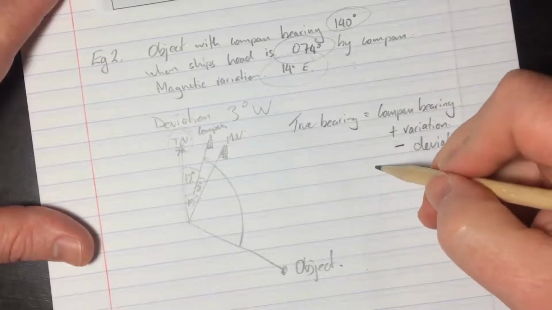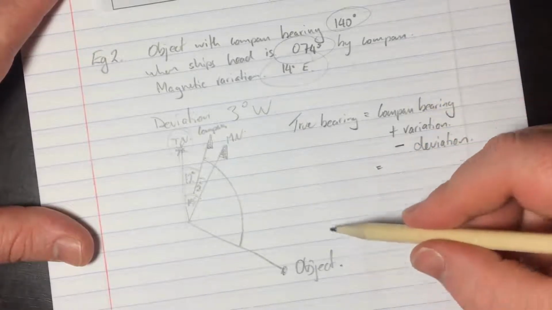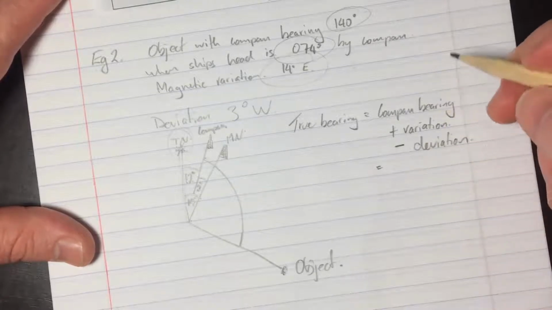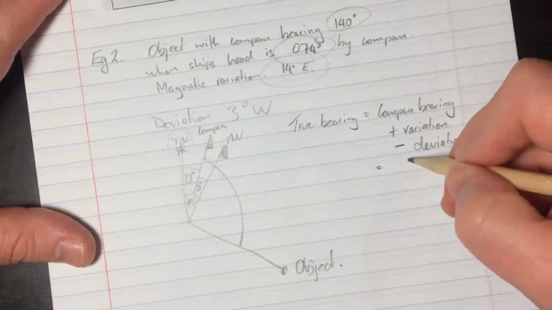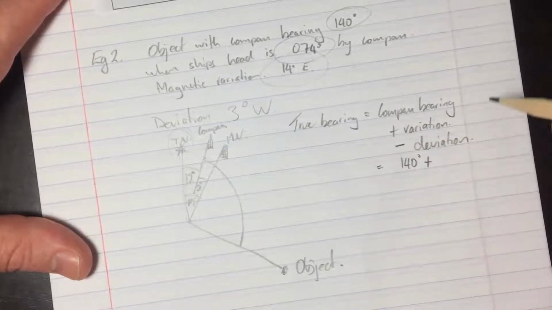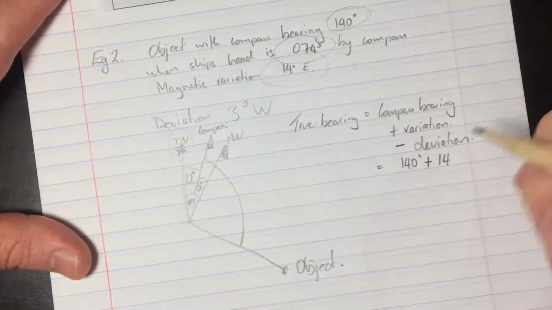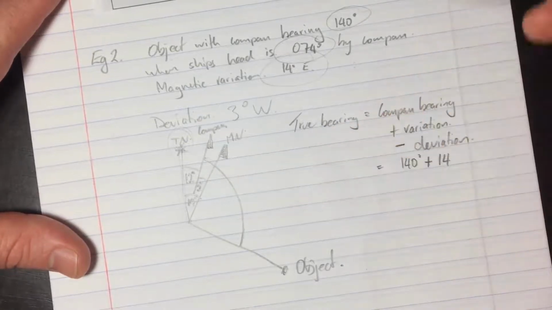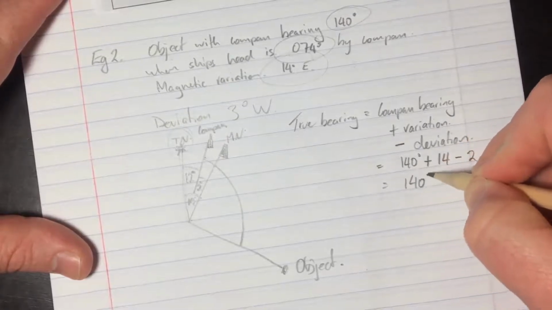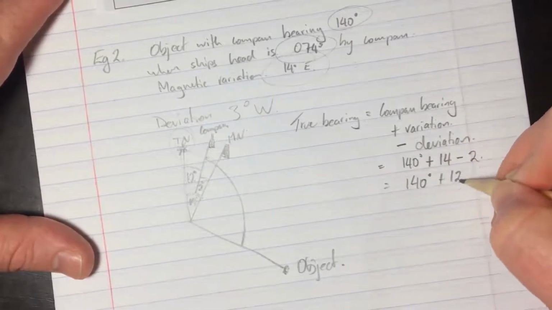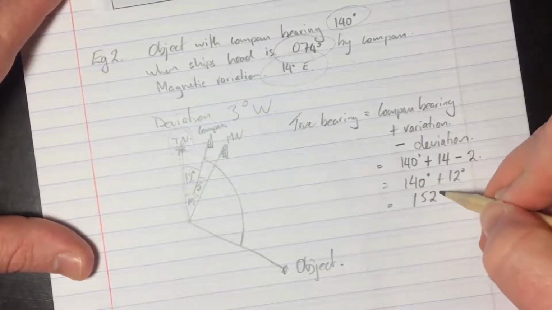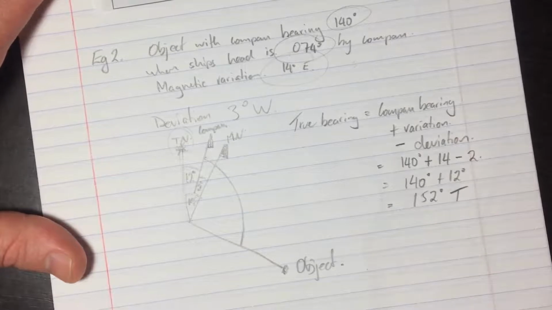So that's going to give us a true bearing of 140 degrees, that's our compass bearing, plus 14 degrees minus 2. So that's 140 degrees plus 12 degrees, which is 152 degrees. And that's a true bearing.